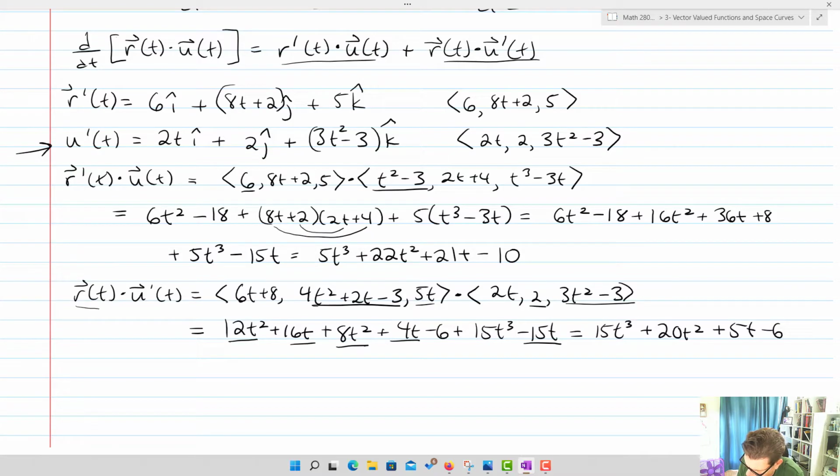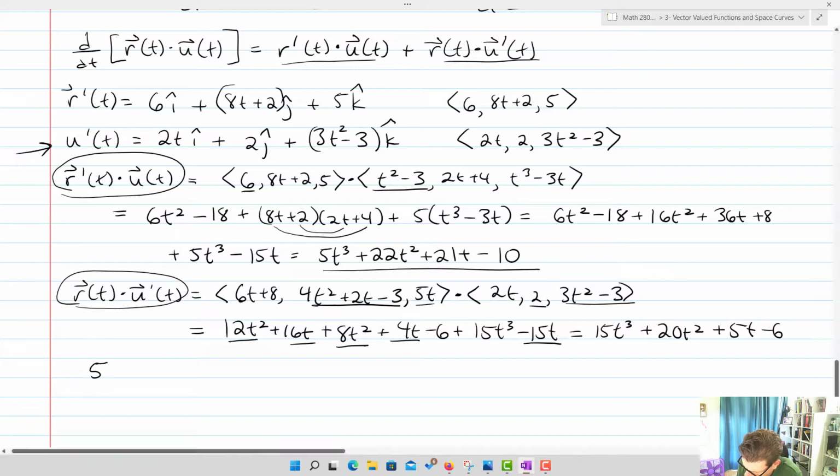So now I've got to add the two together. I've got to add r'(t) dotted with u(t) plus r(t) dotted with u'(t). So that means I'm going to take this equation, 5t cubed plus 22t squared plus 21t minus 10, plus 15t cubed plus 20t squared plus 5t minus 6.